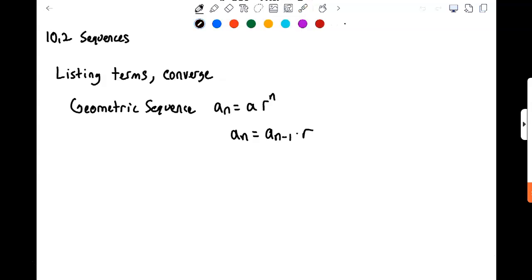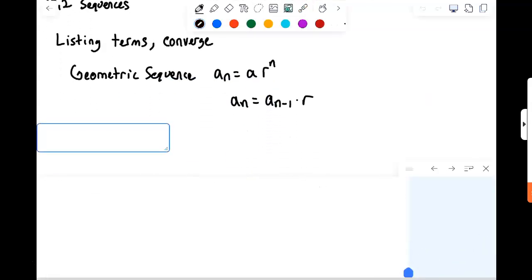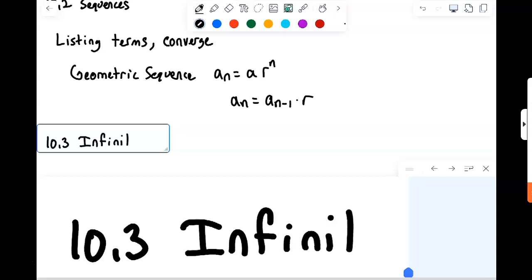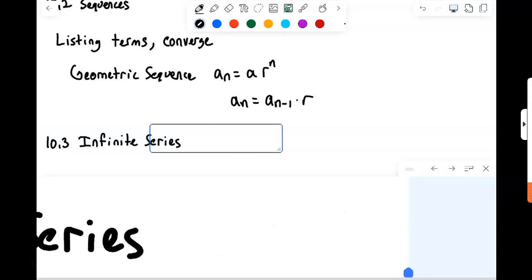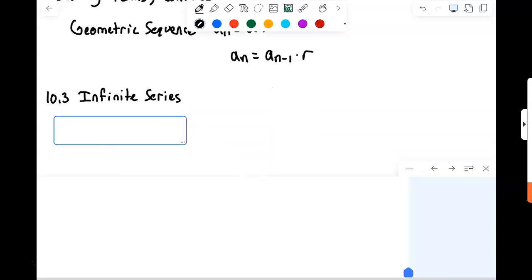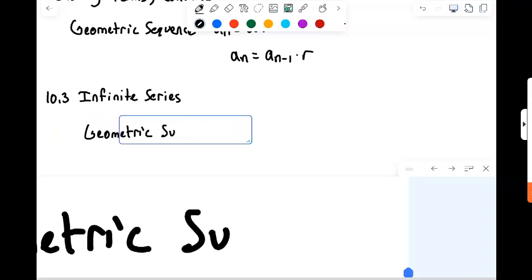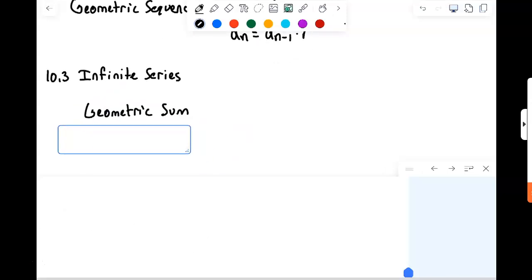Okay, and then that brought us to 10.3, where we introduced the idea of infinite series. So the first thing to remember there was when we introduced the idea of the geometric sum. We had a formula for the geometric sum.